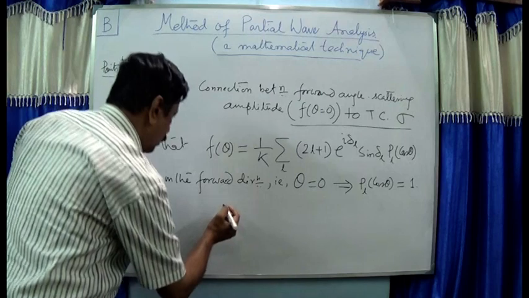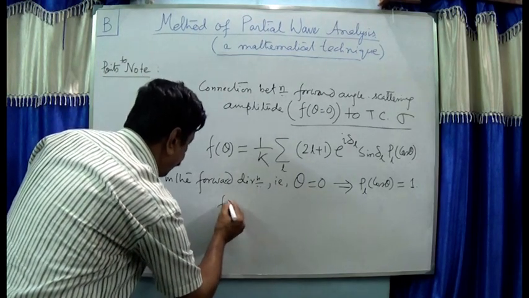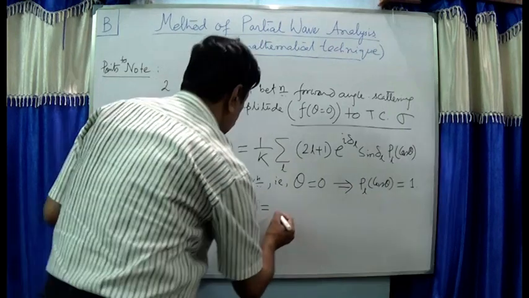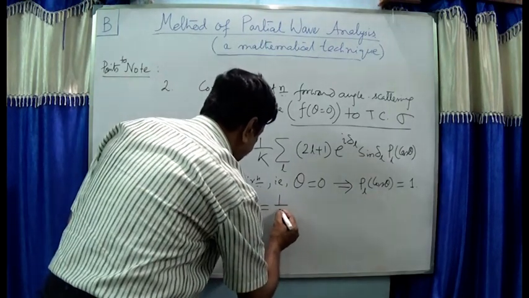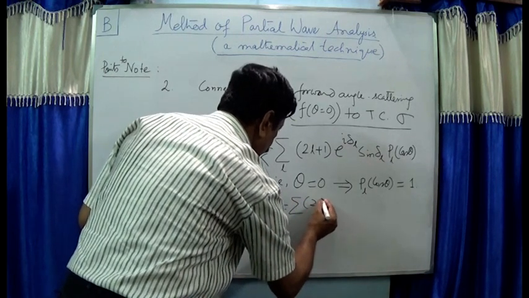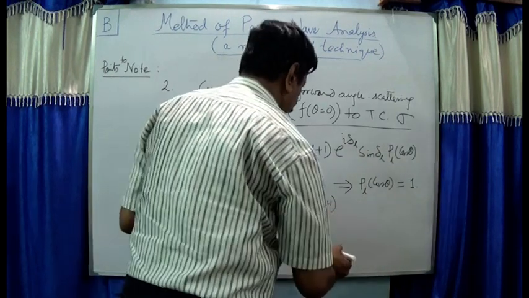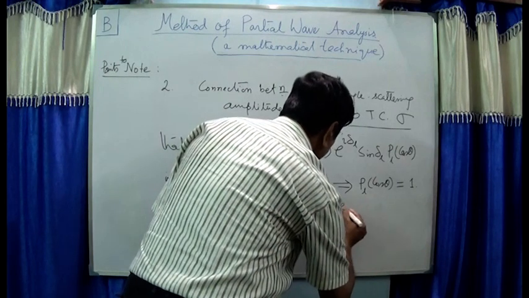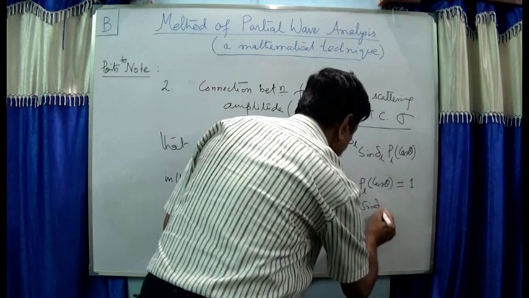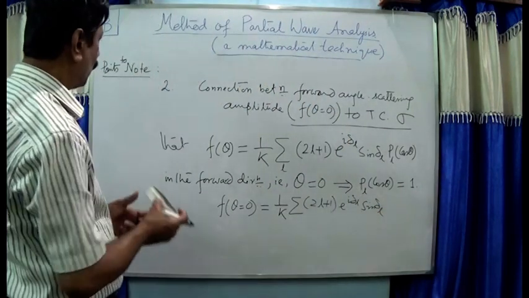Therefore, f of theta equal to 0 can be written as 1 by k sum over twice L plus 1 e to the power i delta L sin delta L.